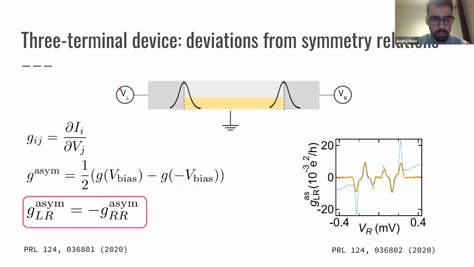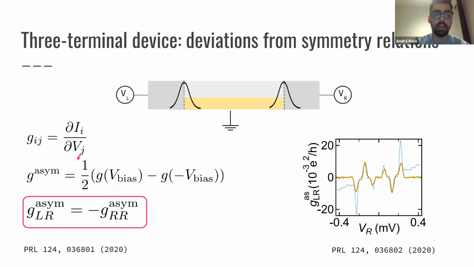In this type of system, the conductance is promoted to a matrix, because we now have more than one terminal. And the definition of that matrix is given by this formula. So we have I, the current in terminal i, a partial derivative with the voltage in terminal j.